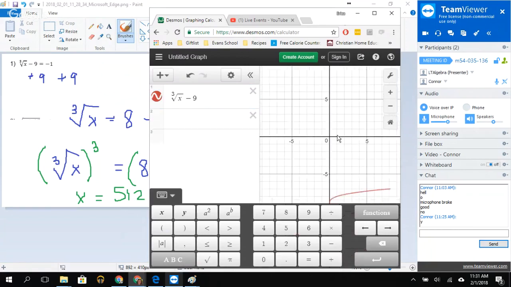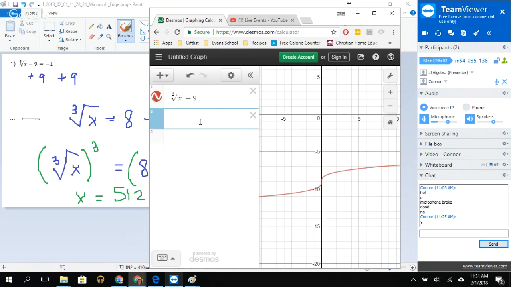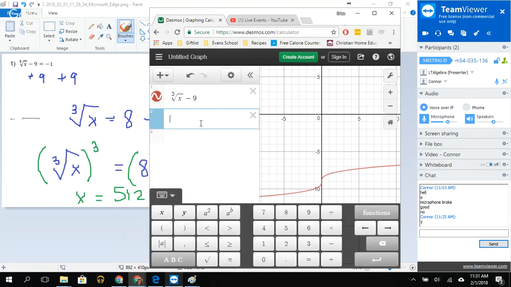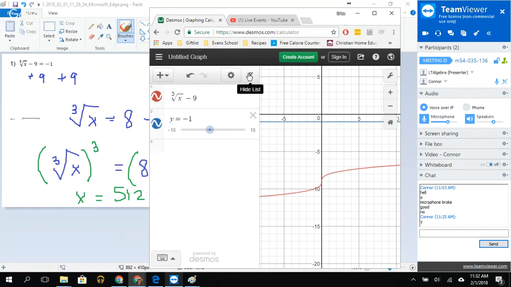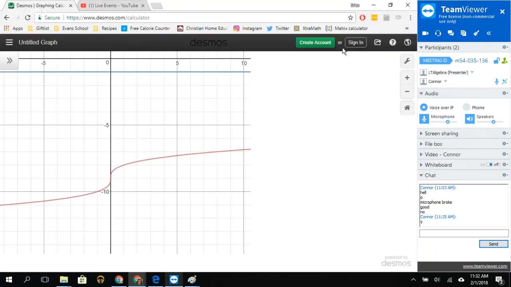And the right-hand side of my equation is y equals -1. You have to put this into Desmos so that it knows that you want to graph it, and that's also how you would put it into a TI calculator.